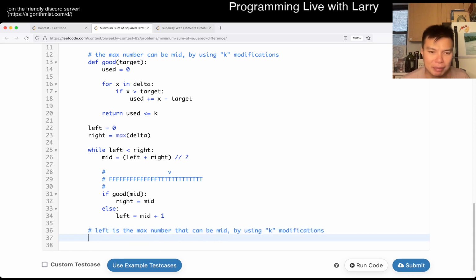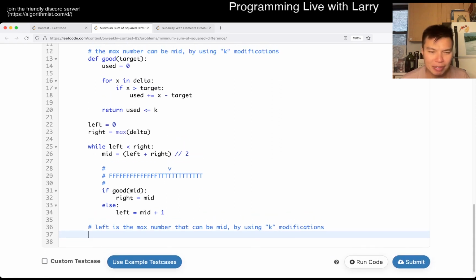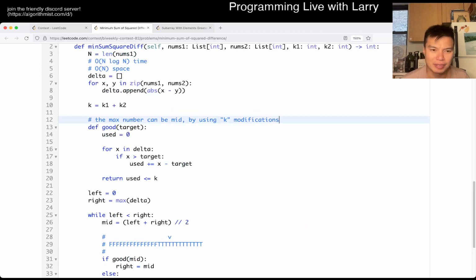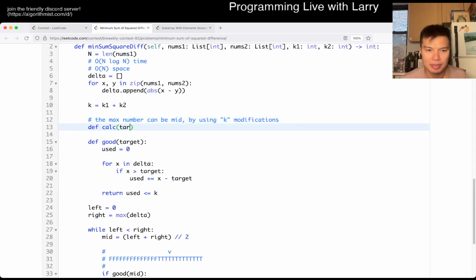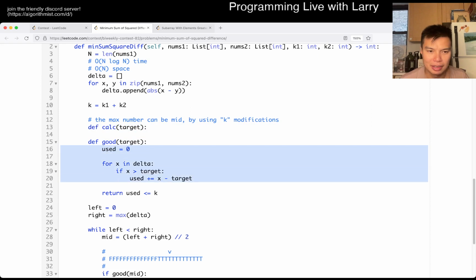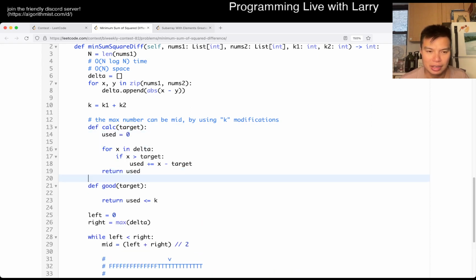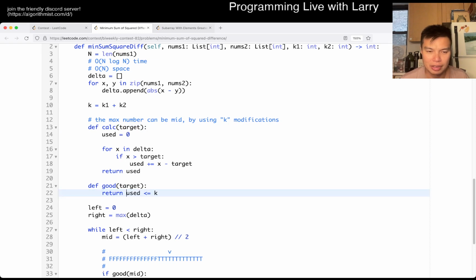So now we can simulate this once more. Maybe I have a k left thing. Maybe I should put this function together, so I have a calc function, and we return used, and here we can return calc of target.